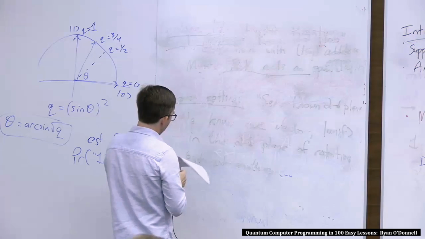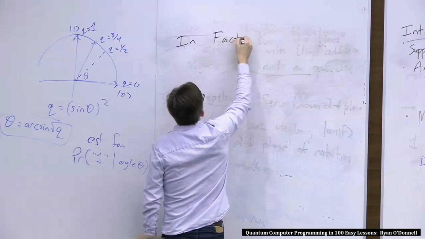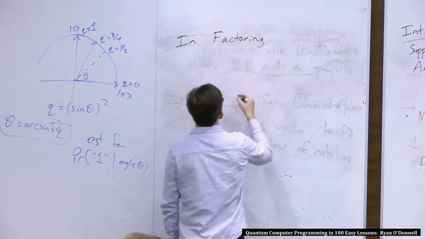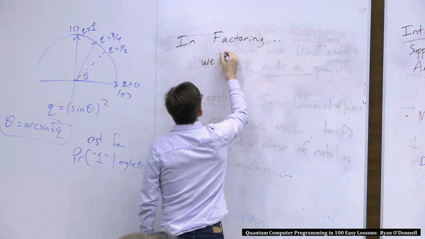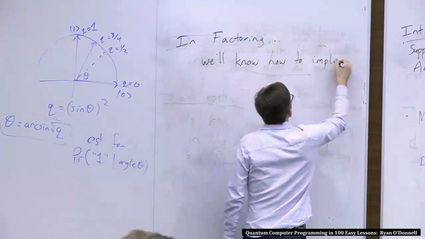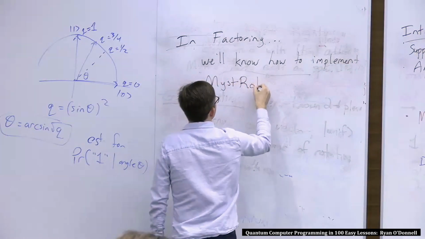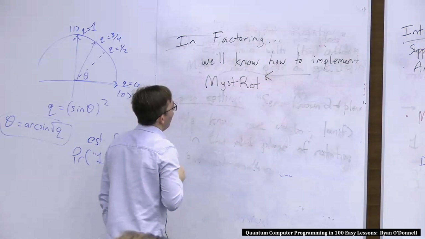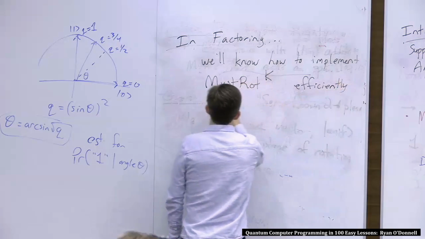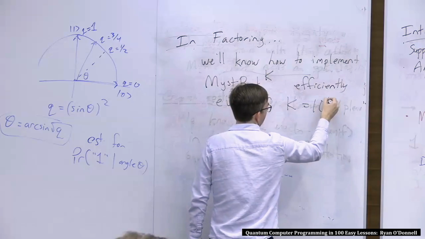So in the factoring, when we eventually get to it, we'll have some particular mystery rotation in mind that has to do with the number we're trying to factor. We'll know how to implement mystery rotation to the k efficiently, even if k is like 10 to the 1,000.